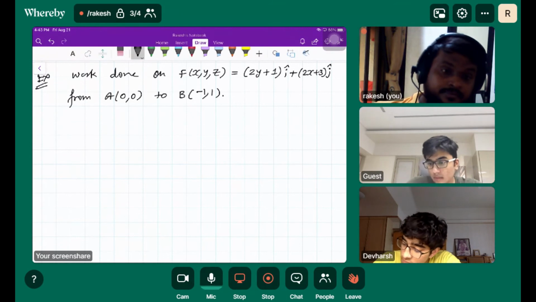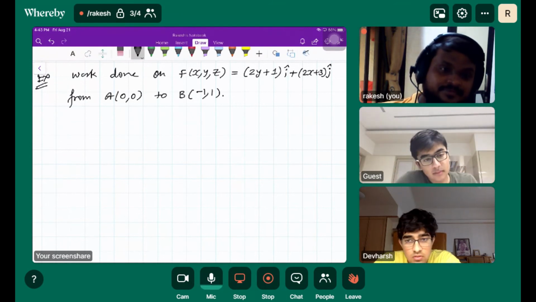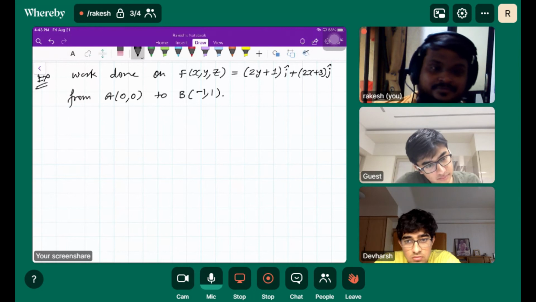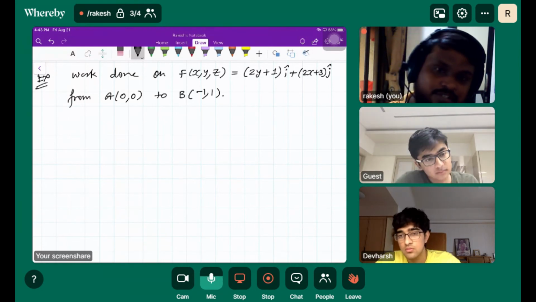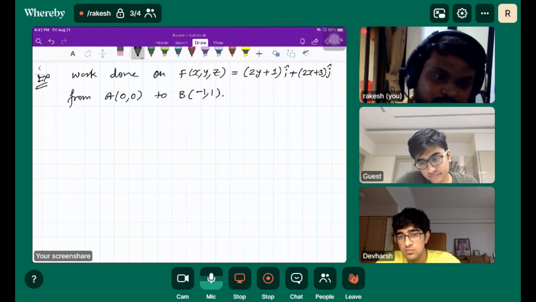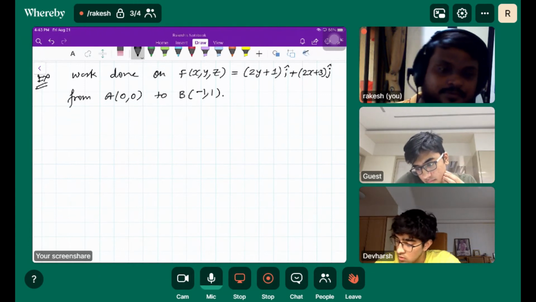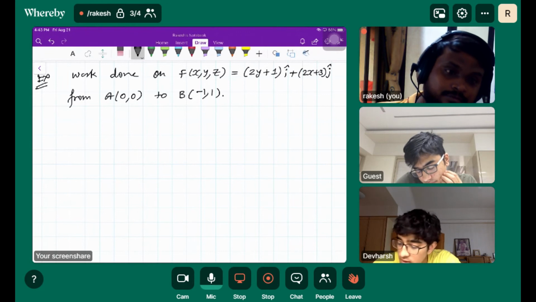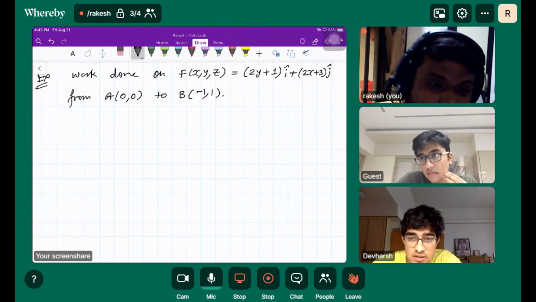So was there more steps that you were going to tell us about? There will be like 2 or 3 steps involved to find out f. While you were explaining, you only told us the first step of showing that f is conservative.